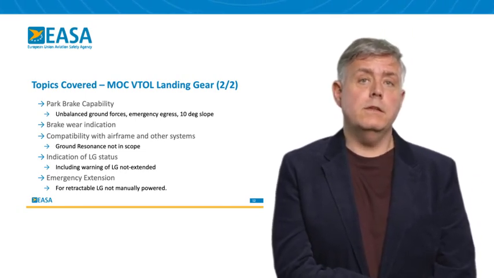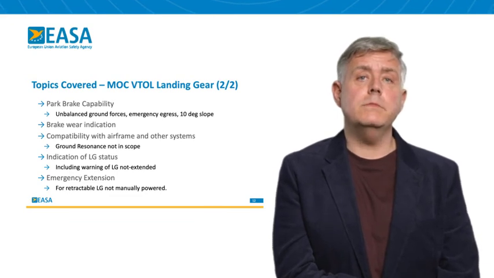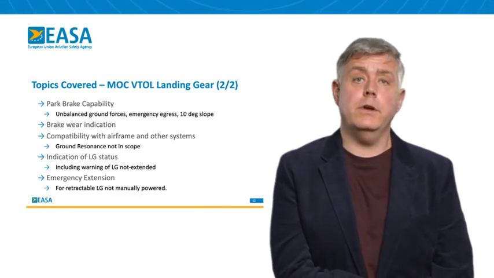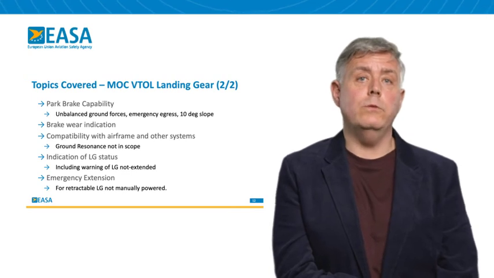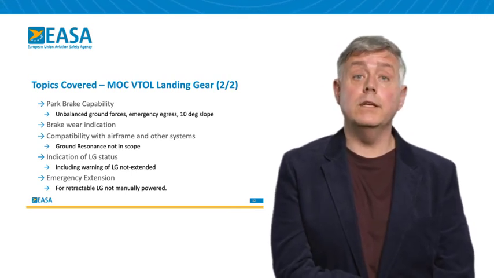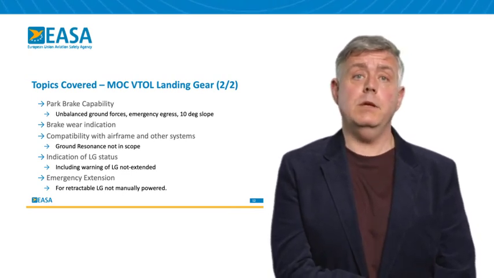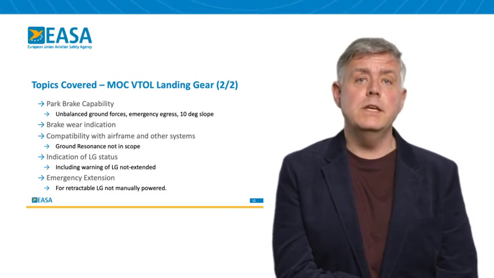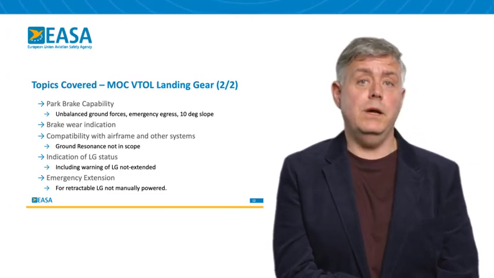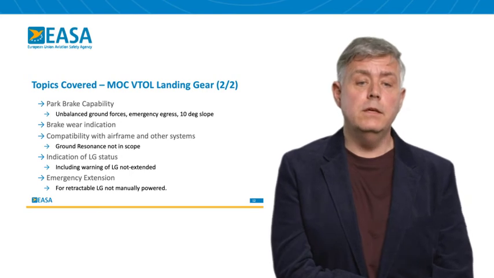We expect that the landing gear systems will have and demonstrate capability with the rest of the airframe, although, as previously mentioned, the subject of ground resonance is not in scope of this part of the MOC.